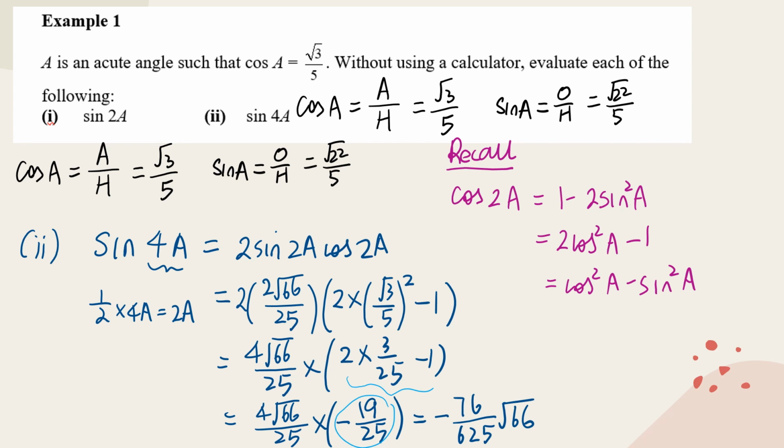That gives you negative 76. But you leave the square root 66 alone. Don't use a calculator to work it out. All right, so you should leave your answer in surd form.